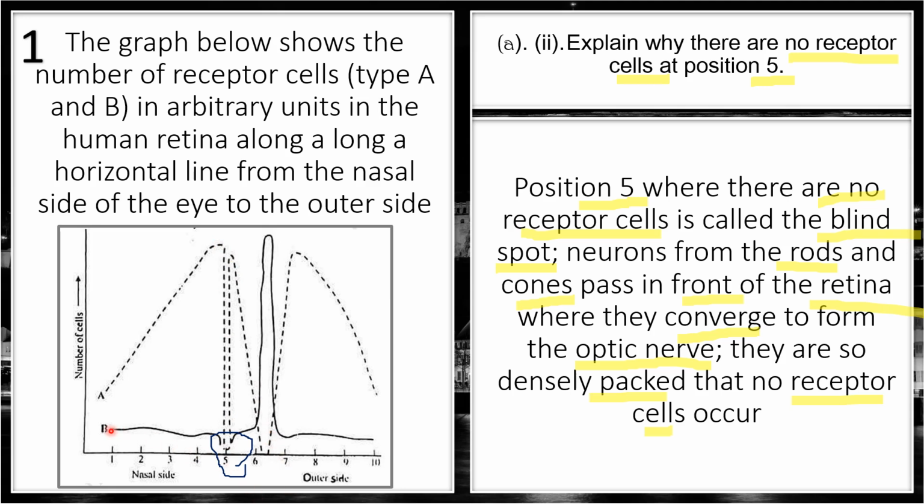And when you also look at the cones, they are low here, but when they reach there, they go to 0 and then they rise up here. There are no cones, no rods at that point. And that point where there are no cones and no rods, it is what we call the blind spot.